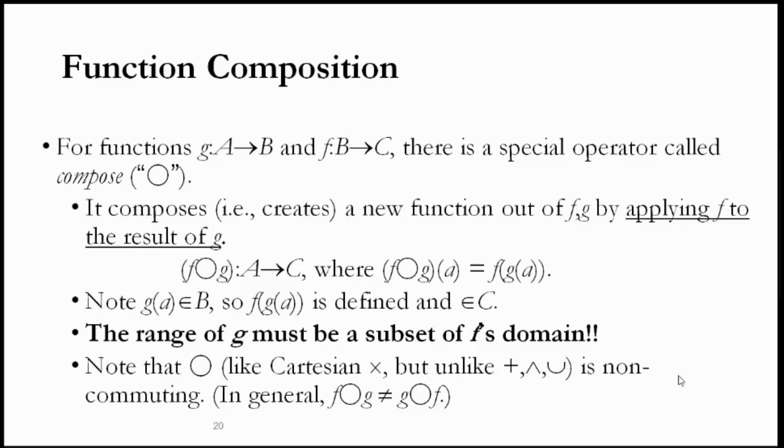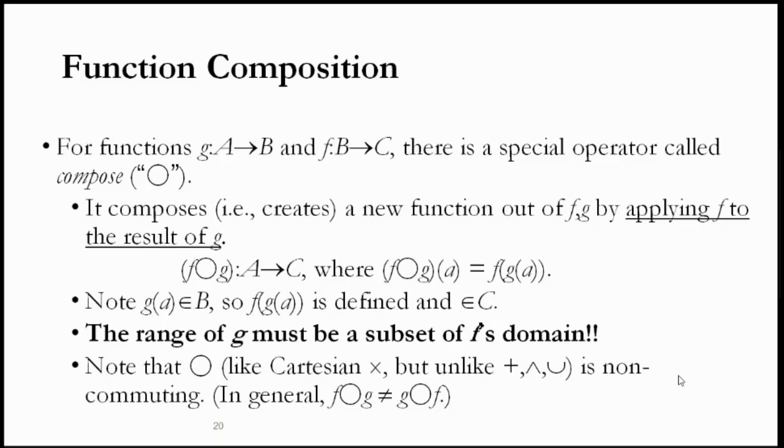So for function g: A to B, and f mapping B to C, there is a special operator called composition. It is represented by a small circle symbol. It composes, that is, creates a new function out of f and g by applying f to the result of g.